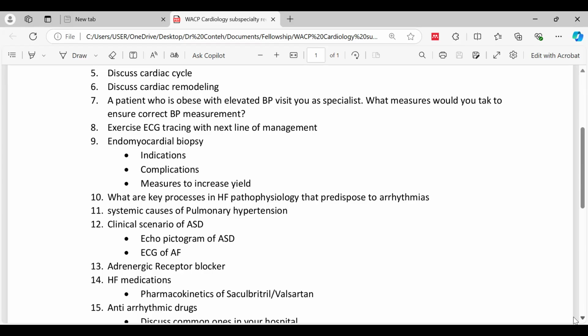But if in the same patient there's background hypertension, the patient has had hypertrophy, it's possible that you have the chambers dilated, but it's still hypertrophied.